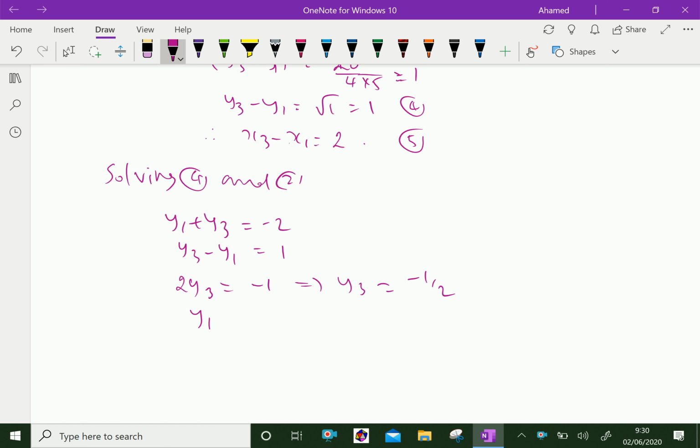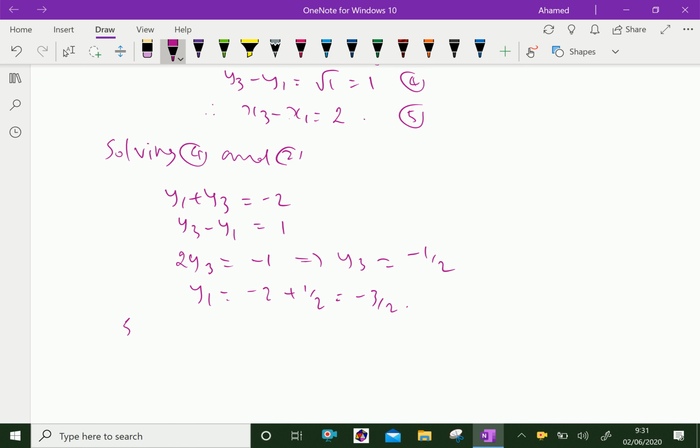Therefore y1 is minus 2 minus of minus half, equal minus 3 by 2. We got y1. Now solving 5 and equation 1.